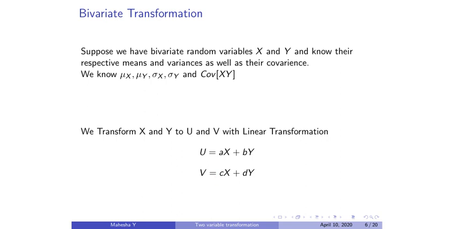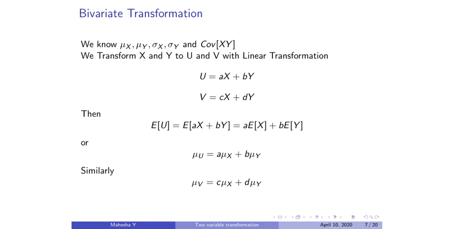Now our job is to find the mean of u and the mean of v. We know that mu x, mu y, sigma x, sigma y, and covariance of xy are given. Then expectation of u is nothing but expectation of ax plus by.